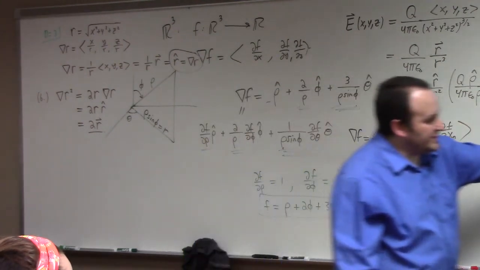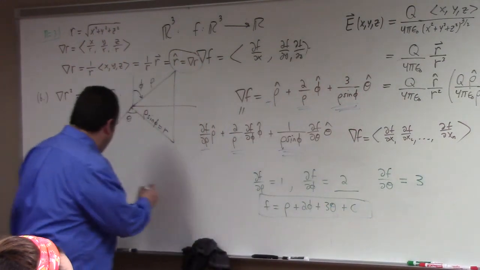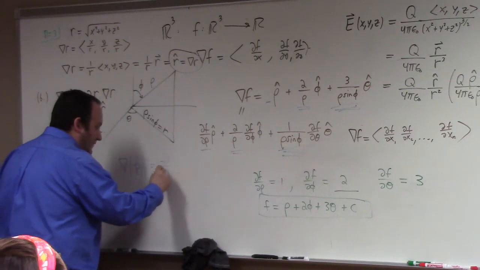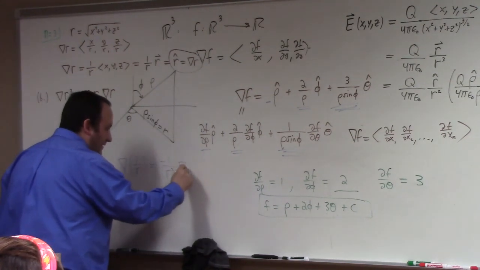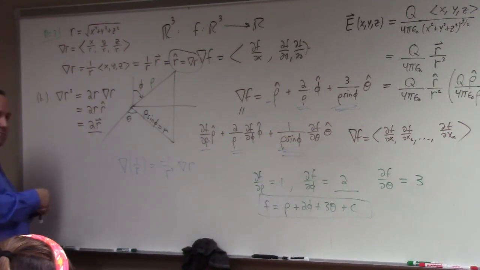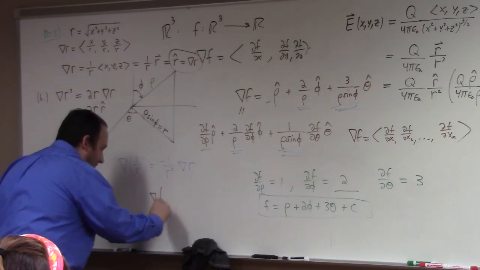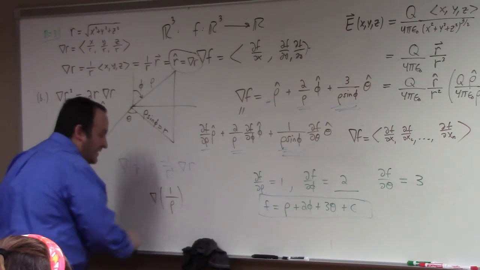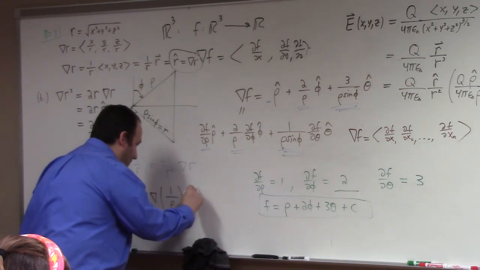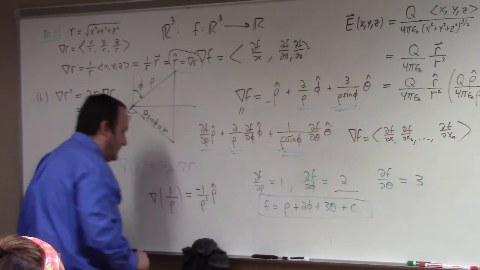What's the gradient of 1 over r? Well, there, again, chain rule, right? The gradient of 1 over r is minus 1 over r squared times gradient r, right? This is actually very interesting because this says that in 3 dimensions, the gradient of 1 over the spherical radius is equal to minus 1 over the spherical radius squared times rho hat, right?